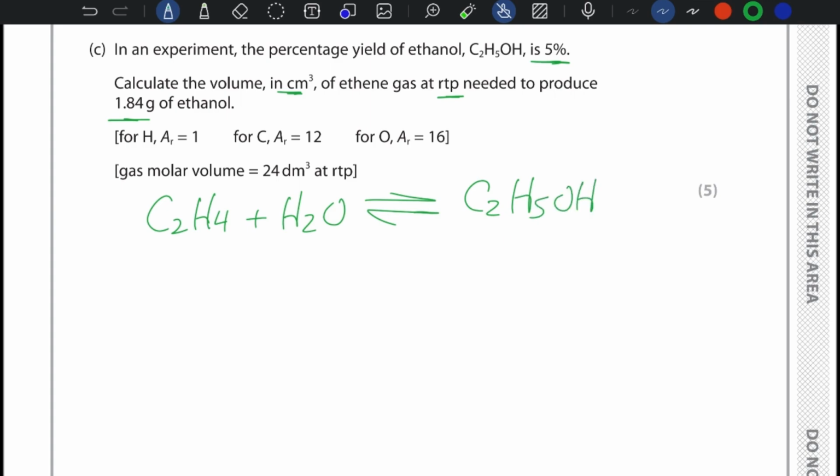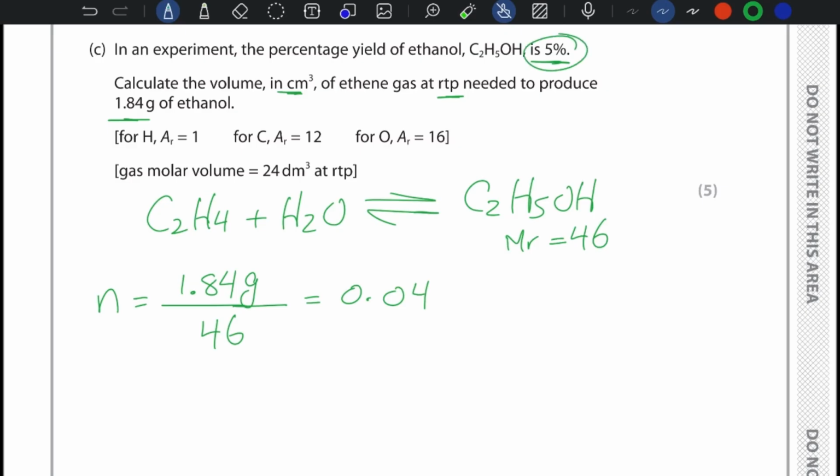Mr for ethanol is equal to 46. We calculate the number of moles of ethanol: 1.84 grams divided by 46 gives 0.04. But take care, the percentage yield is 5%.